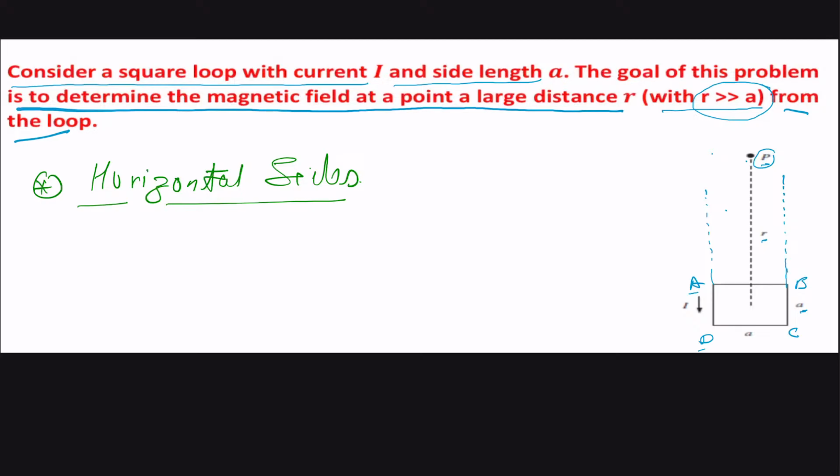And because of Biot-Savart's law, we can easily find this out, because AB and DC are nothing but straight conductors, each having a length a at a distance r. So we can write a general formula from Biot-Savart's law, and then reformulate it according to the given figure.